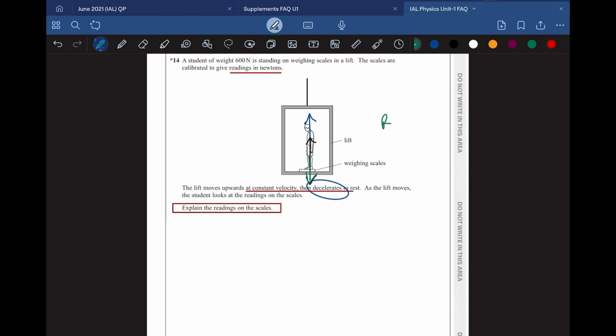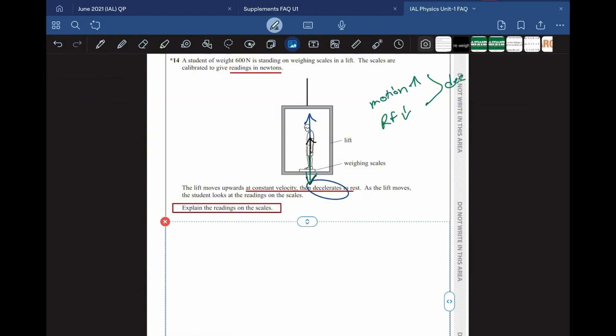It only decelerates when the resultant force and the direction of motion are in opposite directions. Otherwise, if they are in the same direction, it will accelerate.